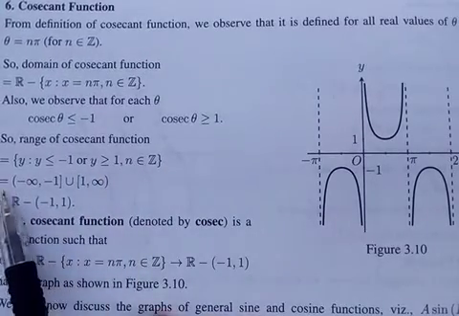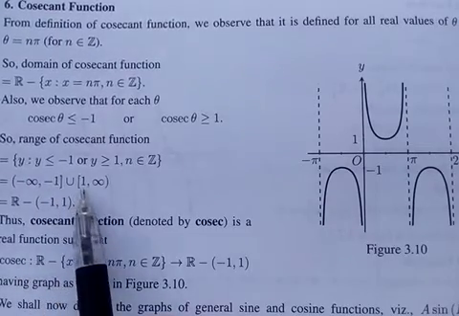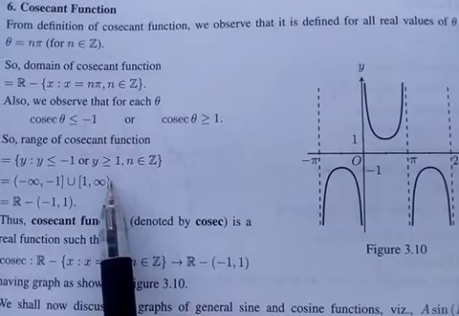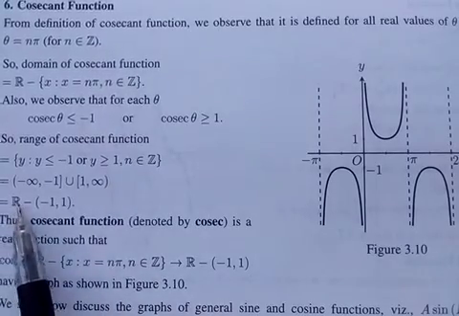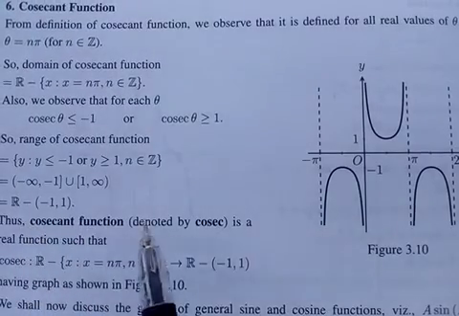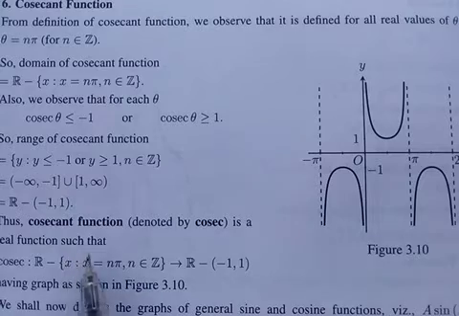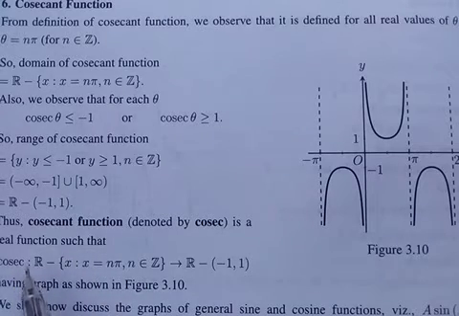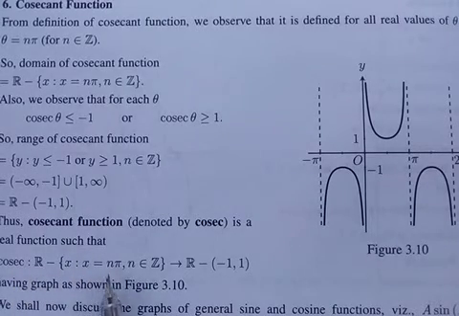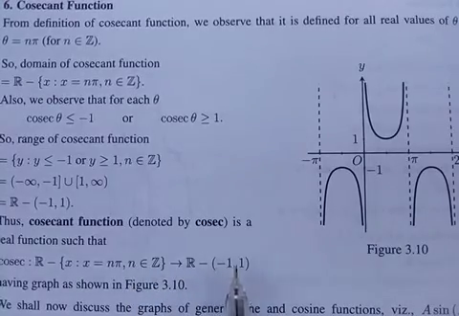We can write here equal to minus infinity to minus 1 union 1 to plus infinity, equal to R minus (minus 1, plus 1). Thus the cosecant function is a real function such that cosec: R minus {x : x = nπ, n belongs to Z} tends to R minus (minus 1, plus 1).